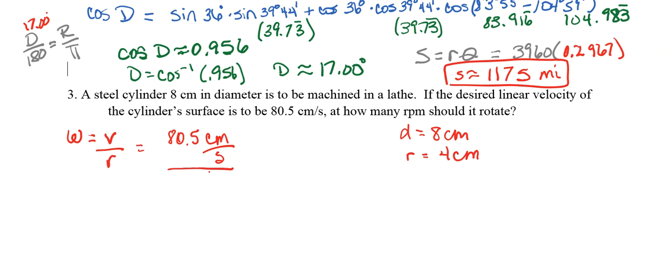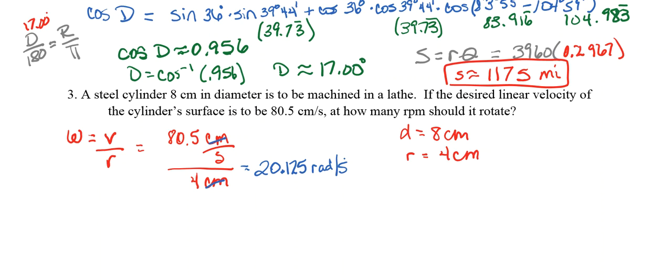So we're going to divide that by 4 centimeters. Our centimeters are going to cancel, putting us in angular velocity. 80.5 divided by 4 is 20.125, and we're in radians per second.